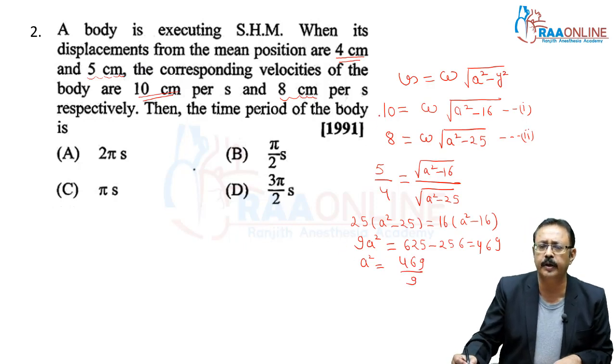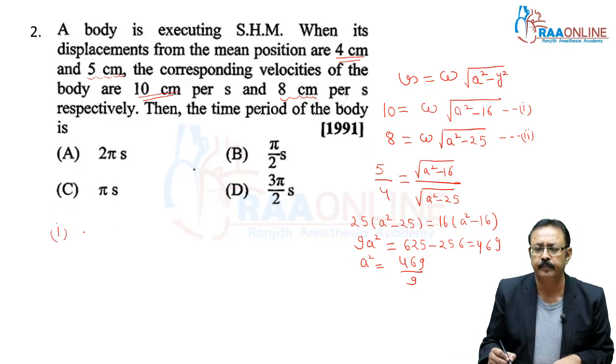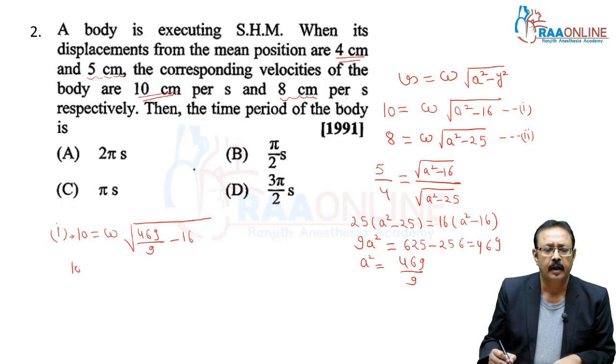Now we are going to any one equation. Suppose we move towards the first equation. So 10 equals omega under root of a square, that is 469 by 9, minus 16. From the first equation we got this. After taking LCM, this 3 will come out from the square root.